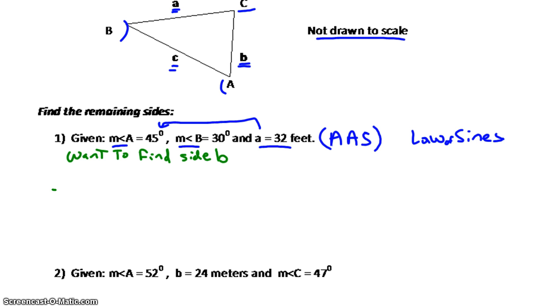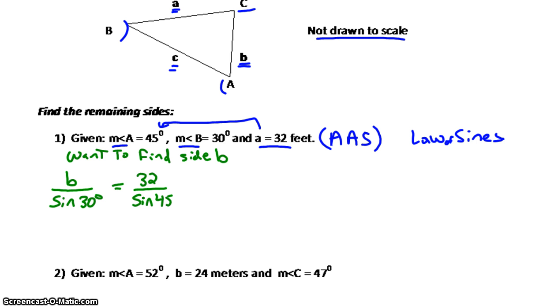So what I mean by that is I'm going to have side b over the sine of B, which is 30 degrees, and set that equal to the side a, which in this case is 32 feet, over sine of A, which is 45 degrees.